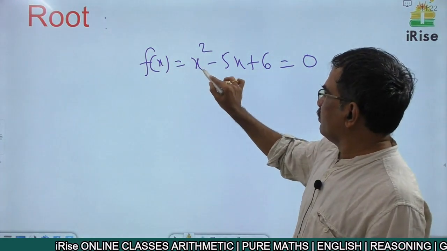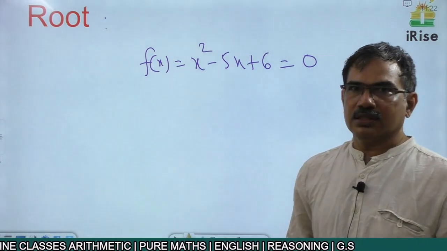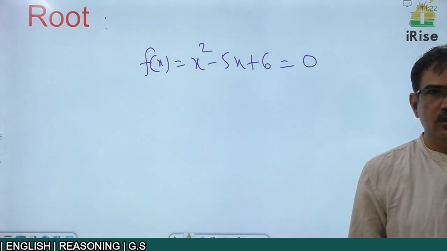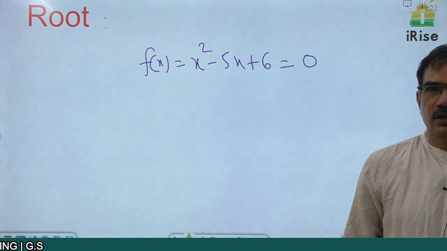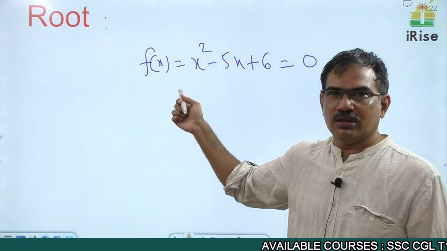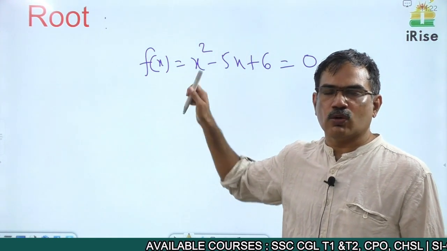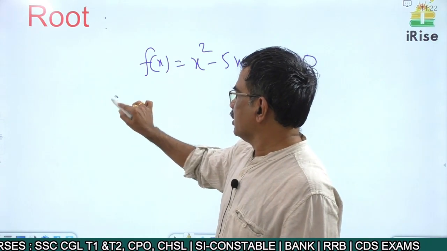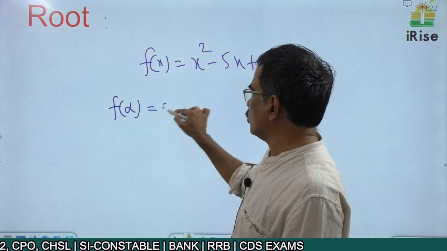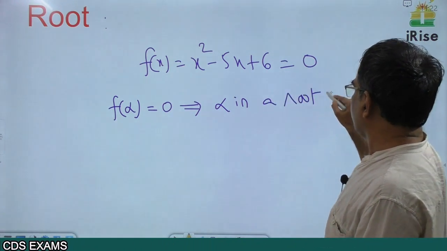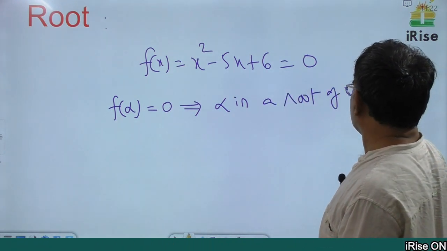The value of the variable x satisfying the quadratic equation is called a root. Root is the value of the variable which satisfies the quadratic equation. Here, if f of alpha is equal to 0, we say that alpha is a root of the quadratic equation.